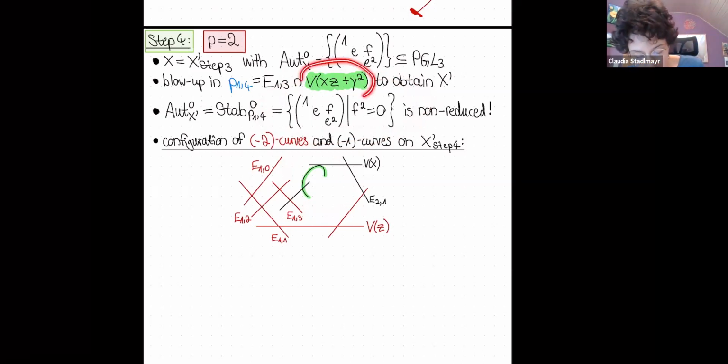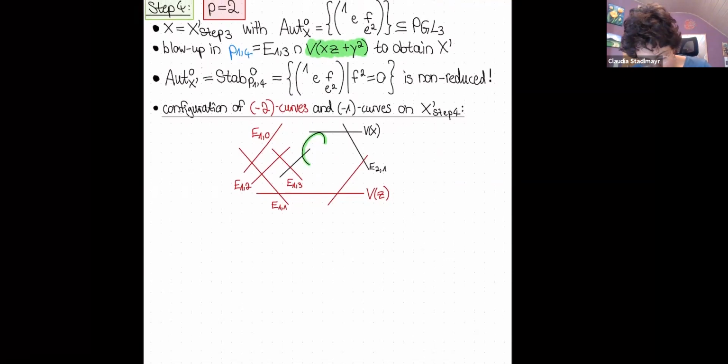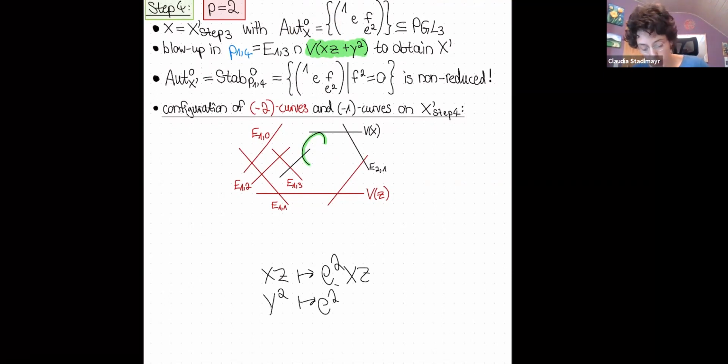So if you look at this conic, you can see that it is preserved by the matrices with the condition f squared equal to 0. Maybe I can add some tiny computation here. So xz under our matrix Aut X0 goes to e squared xz, because z goes to e squared z, and y squared goes to e squared y squared plus 2ef yz plus f squared z squared.